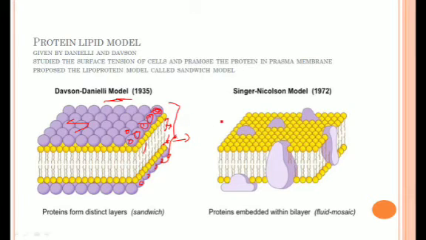You can get the differences between both models very easily. The first difference is that in this model, the proteins are on the outer side. They may be on the upper outer or inner outer, but completely on the outer side. Whereas in the Singer and Nicolson model, you can see the protein is also present on the upper side, as well as inside the membrane, completely transferred into the membrane.